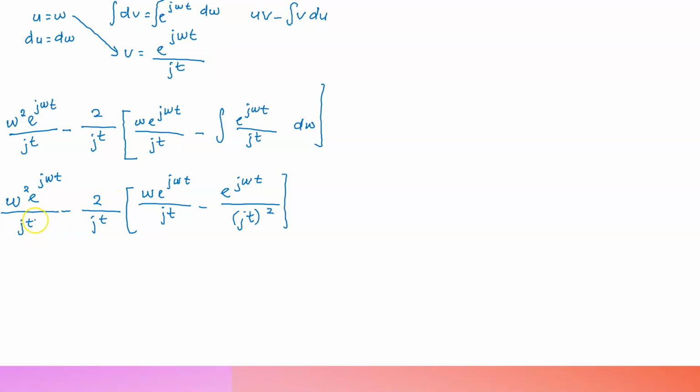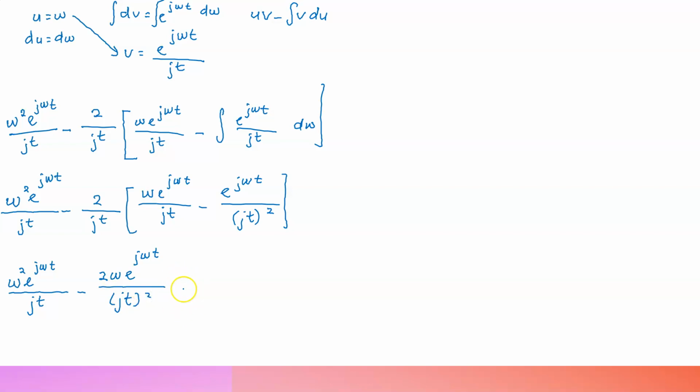So next you multiply all of them, and you get omega square e^(j omega t), minus 2 omega e^(j omega t) over (jt) square.